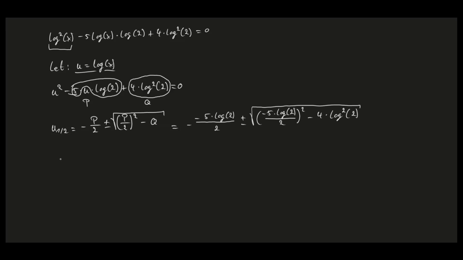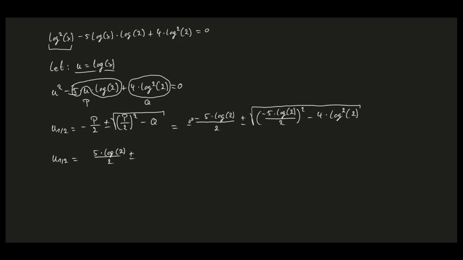And with this, we have in the next step, minus and minus will be plus or positive 5 times log of 2 over 2 plus or minus.